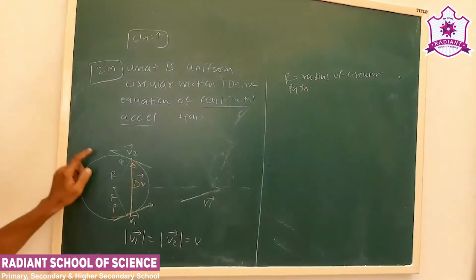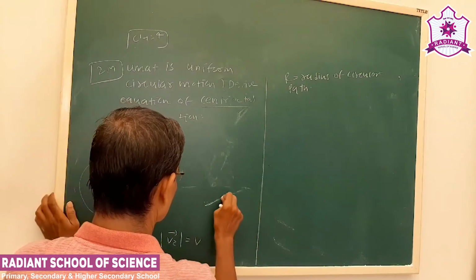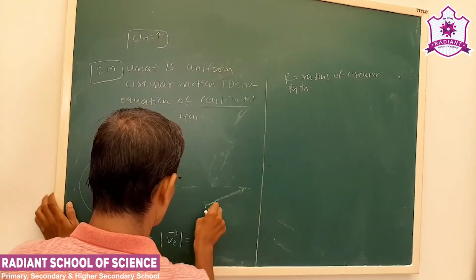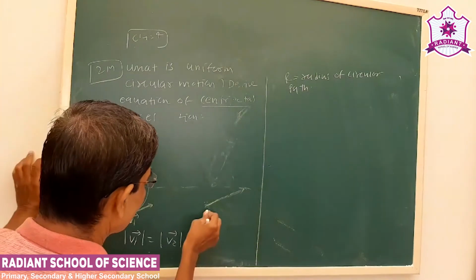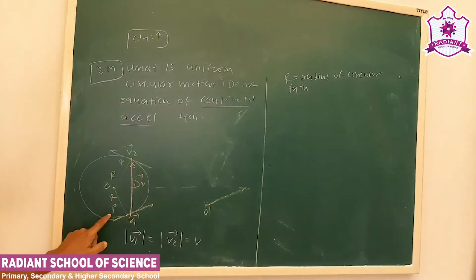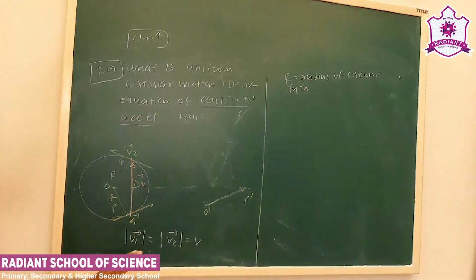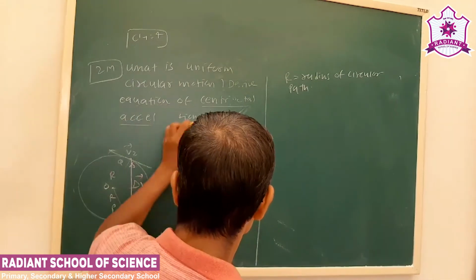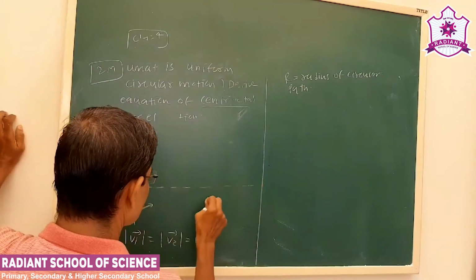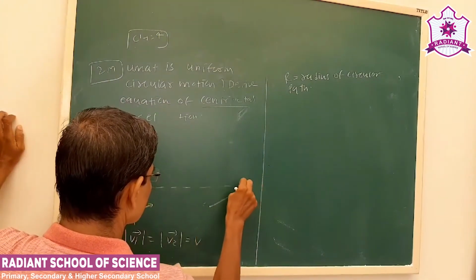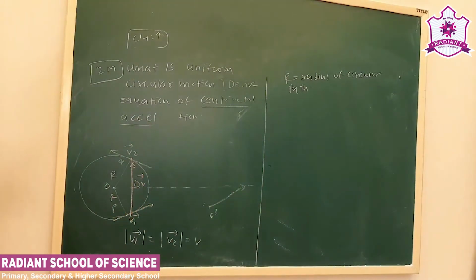Okay, and O dash, I am saying, this is O, the radius center, O dash. Now P here I am showing as P dash. Okay, now this is nothing but our V1.